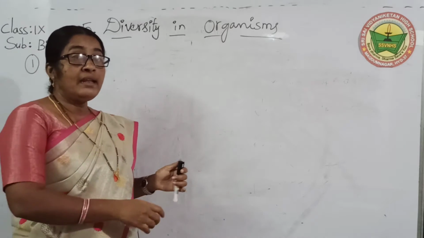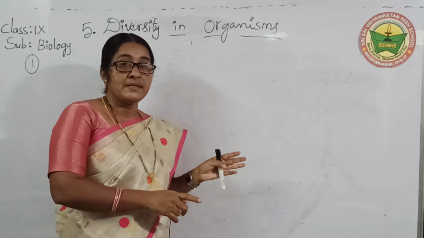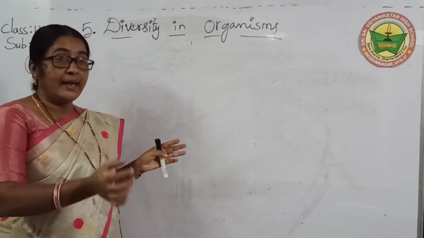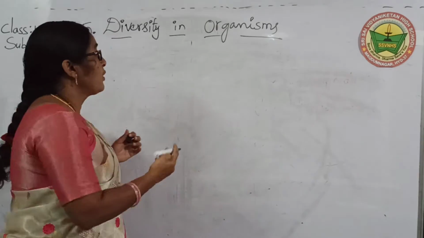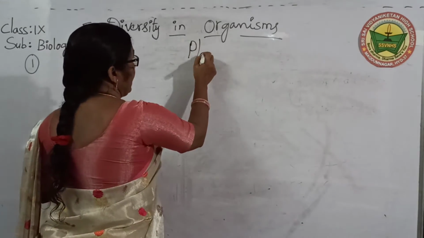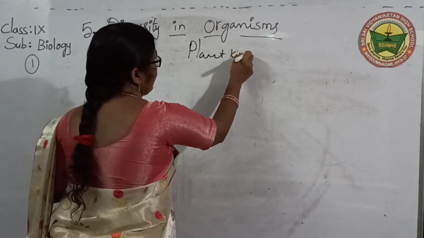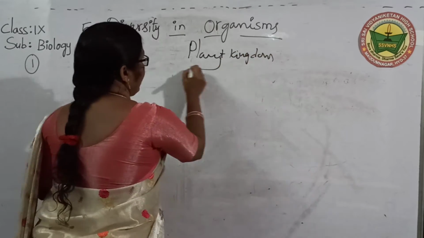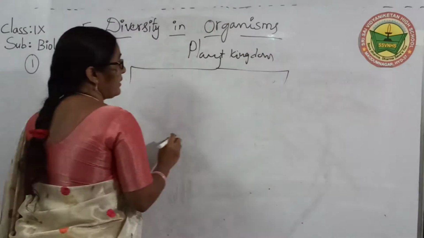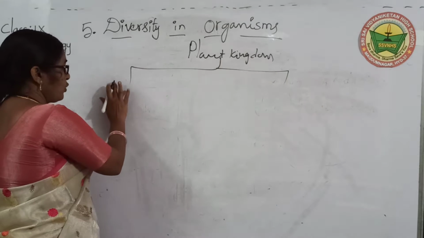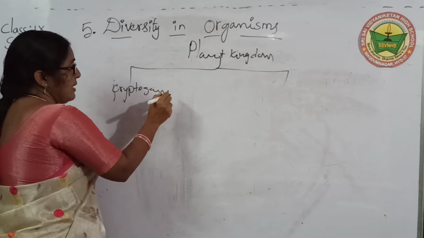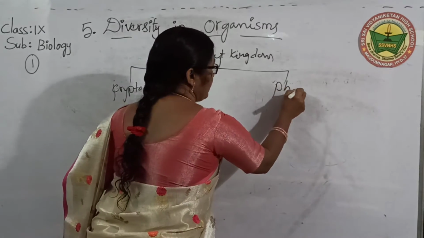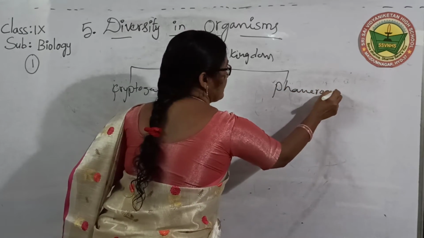Cryptogams, meaning non-flowering, are again divided into three groups. See here, first the plant kingdom is divided into two groups: cryptogams and phanerogams.